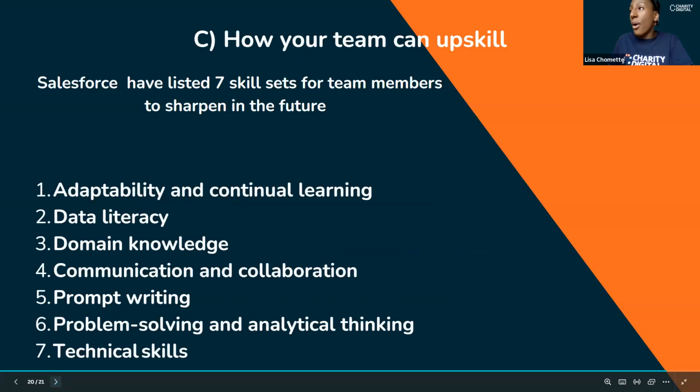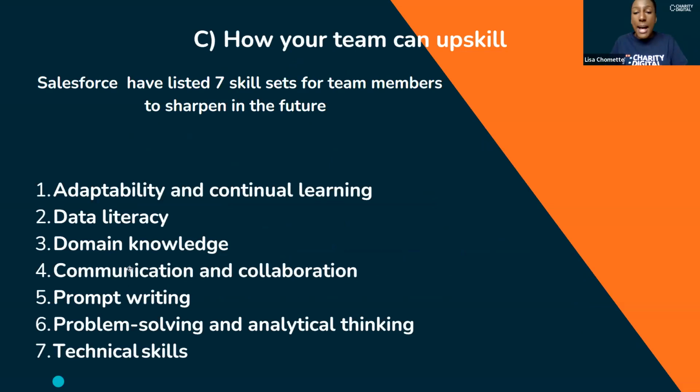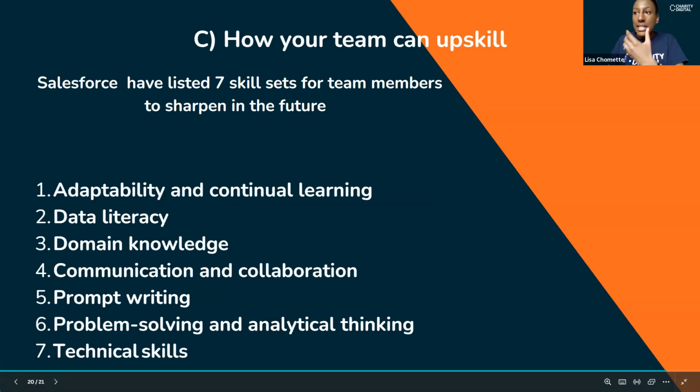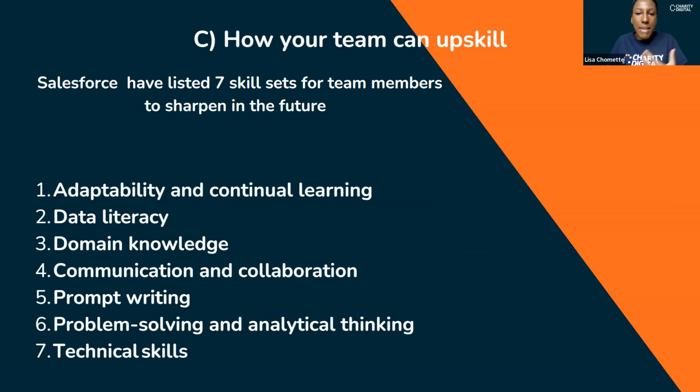And one way also that your team can upskill is all about these 7 main skills. Adaptability and continual learning. It's about what can you do maybe outside of your working hours to just sign up to a newsletter, watch a couple of videos, and having that openness to change and to be flexible.